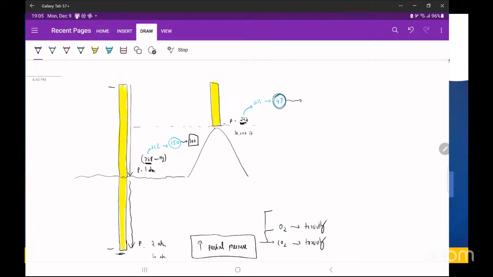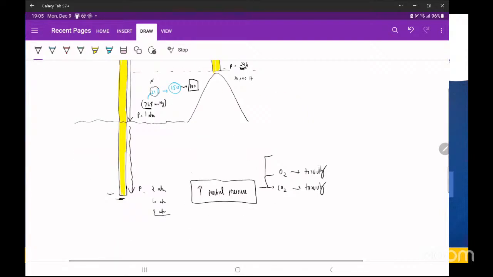Oxygen is 21%, and the majority of the rest is your nitrogen. But at high pressures, nitrogen will come into the system and saturate everywhere, resulting in narcosis. We call it nitrogen narcosis. So these are the 3 problems that you have when you go down in deep sea diving.